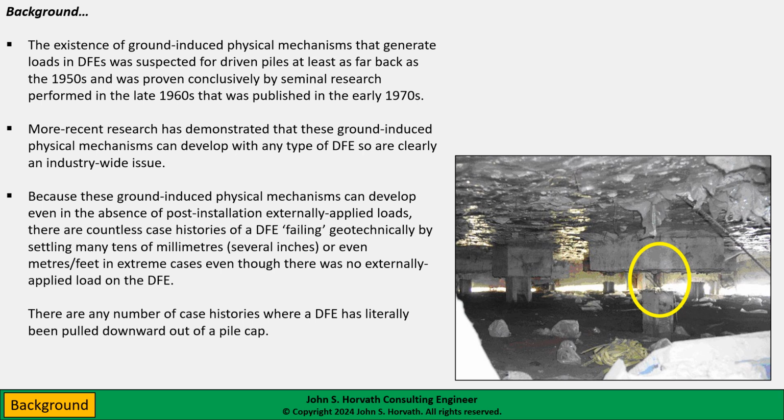There's over 30 meters, over 100 feet of normally consolidated organic clay under the site, and the entire airport site has undergone several feet and meters of settlement in its lifetime. And some of the original hangars, which were all pile supported, have experienced this type of extreme ground subsidence, literally pulling piles out of a pile cap.